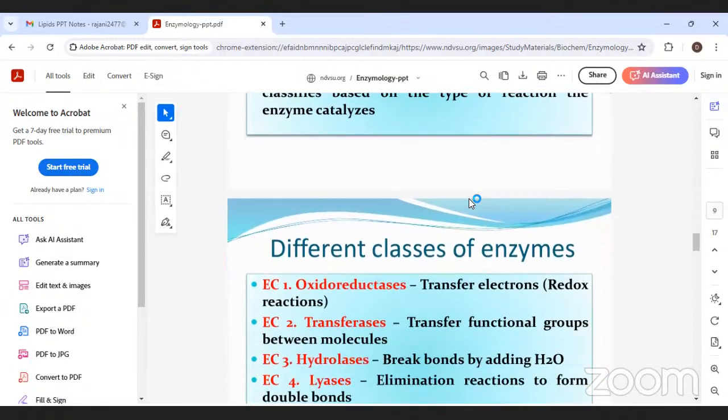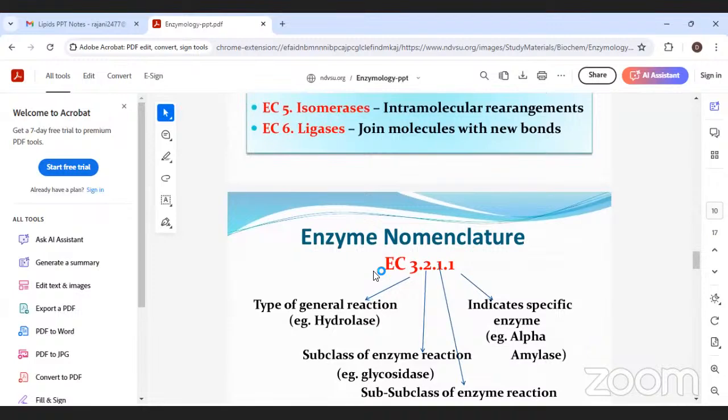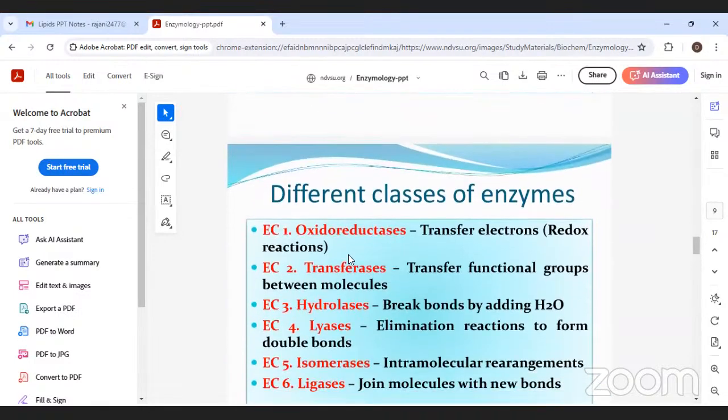What are the different classes? Oxidoreductases, transferases, hydrolases, lyases, isomerases, and ligases. These are the six classes of enzymes. Oxidoreductases transfer electrons.